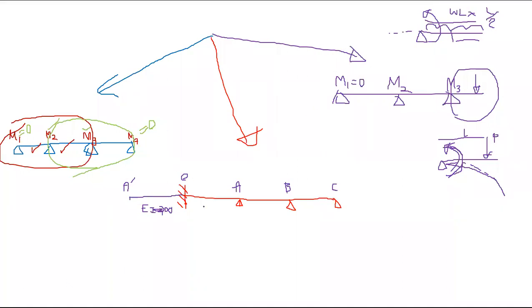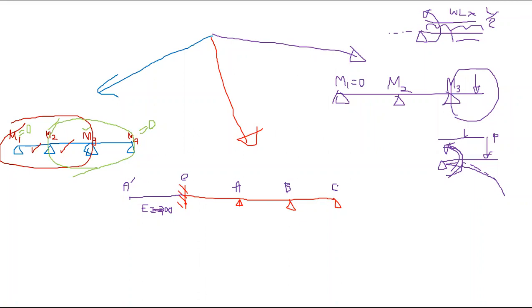You can only have two fixed supports at the ends. If you have one, what you need to do is mirror the span which is connected to it, and most importantly, set the EI to infinity.